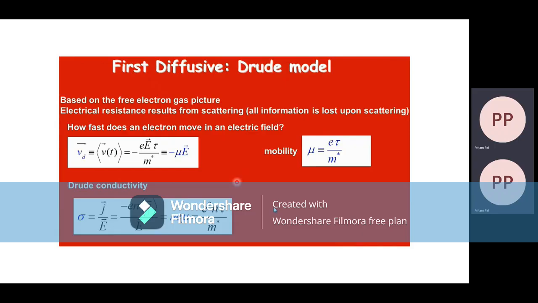From this formula, dividing the current by the electric field that we are applying, we define the conductivity. The current is nothing but the density of electrons times the electron charge times the drift velocity, right? And so from the formula above, the conductivity will be proportional to the density and the mobility, right?